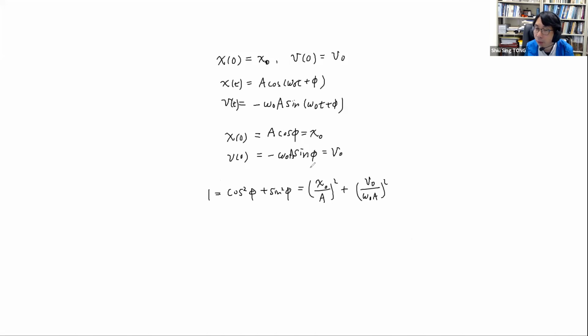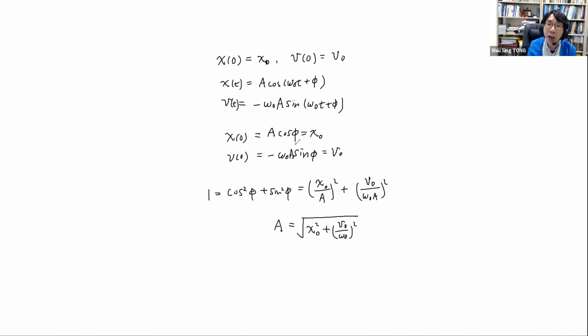And so we got A now. We move the A to the left-hand side and we take the square root. A will then become the square root of x naught square plus v naught over omega naught square. Now we take A by definition positive because we can use the phi to adjust whether this quantity is positive or negative anyway. So we leave the positive or negative sign to phi, but not to A. We define A to be positive.